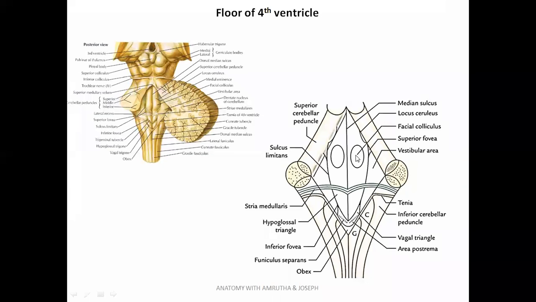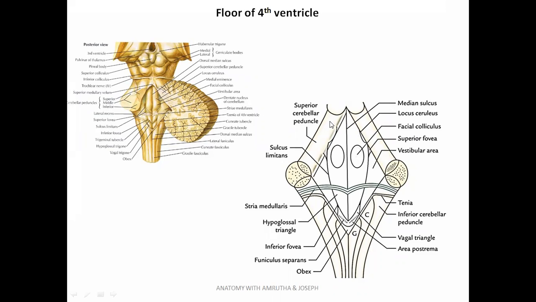You can go back and read that topic; maybe I told you about it when I was talking about the section of the medulla. Since the facial nerve winds around the abducens nerve nuclei, it produces a swelling. That's called the facial colliculus.